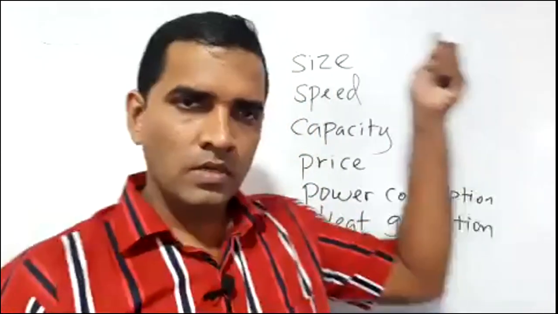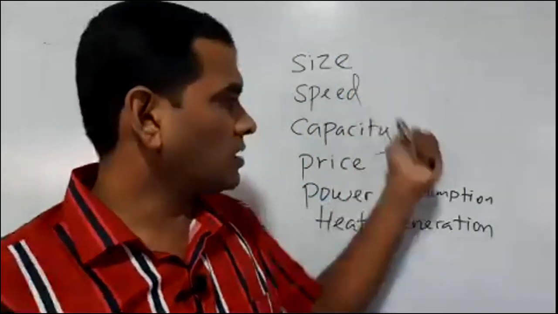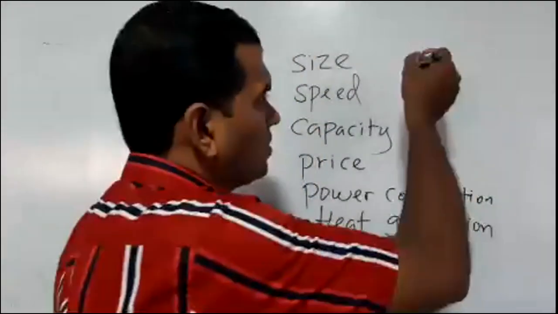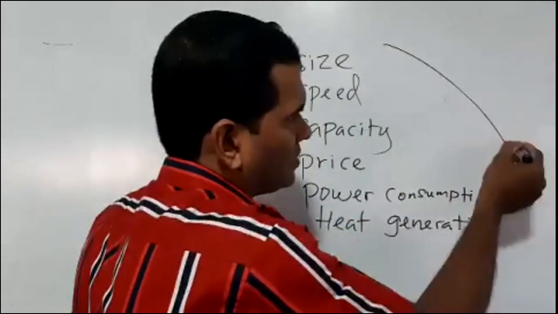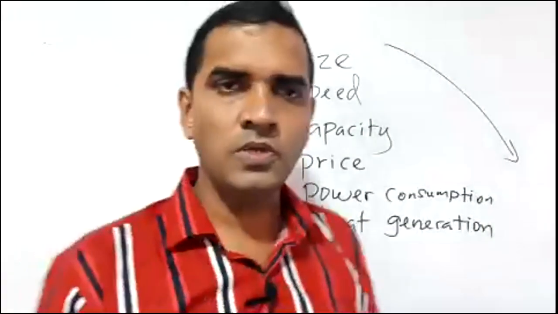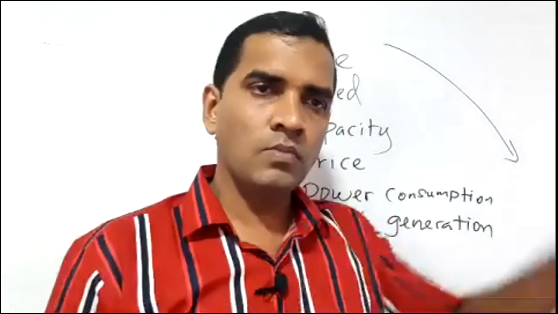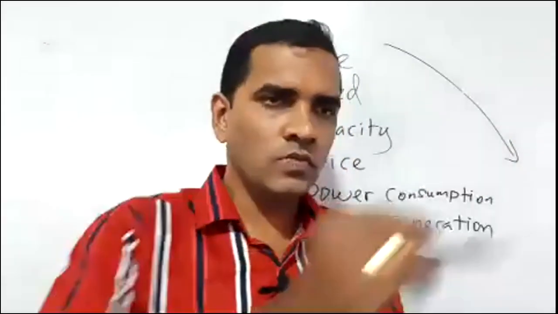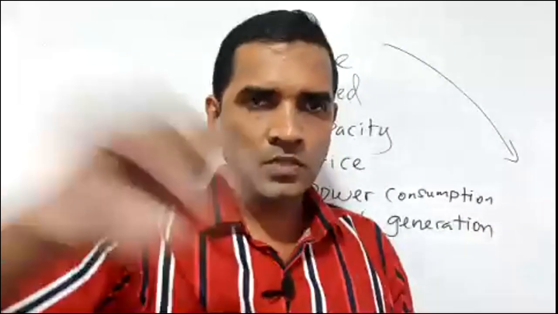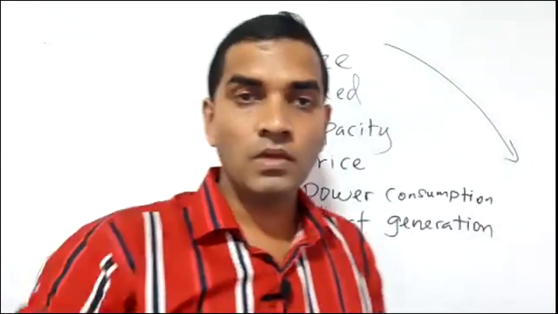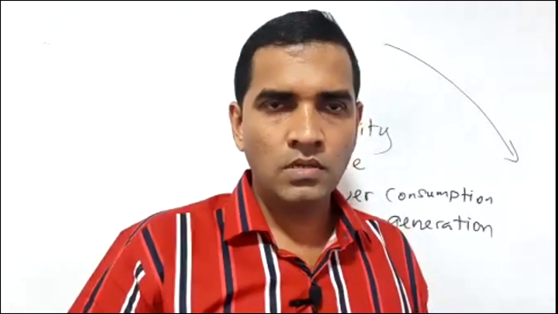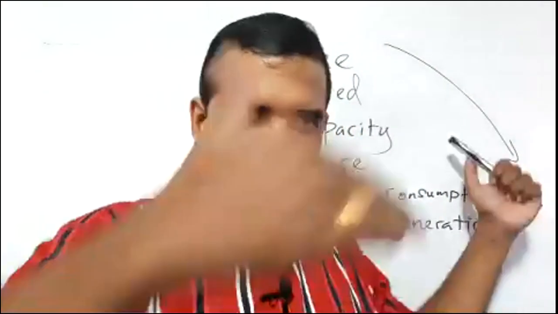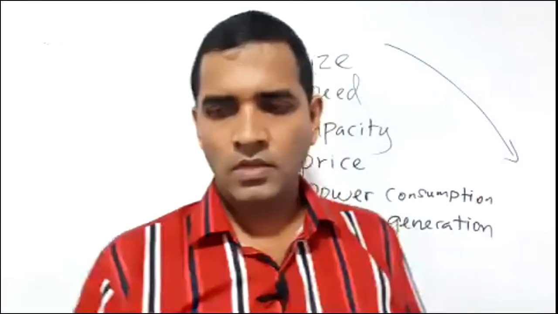So now try to understand that some of these characteristics were increased over the computer generations, right? From first generation to second generation, then third, then fourth, then fifth. So when you go from first to fifth, some of these characteristics were gradually increased. And some of these characteristics of computers were gradually decreased.